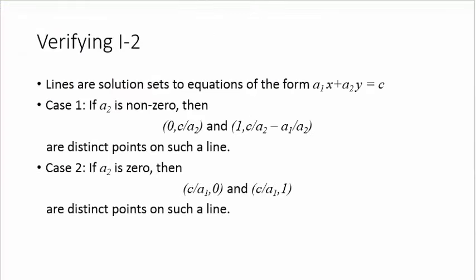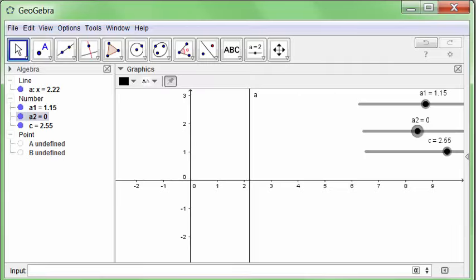Let's go back and see them again. We were going to use c over A1, 0, and c over A2, 1. So let's go back to GeoGebra and plug those in. If we enter the formula as c over A1, 0, I get a point on the line, and c over A1, 1, I get a point on the line.